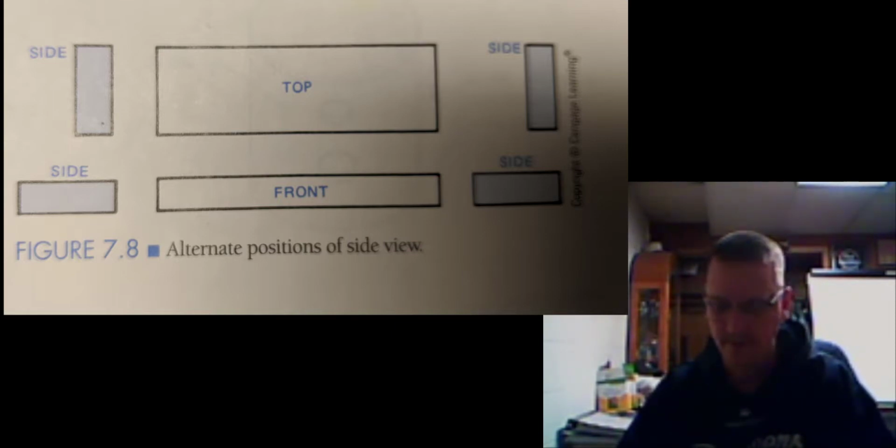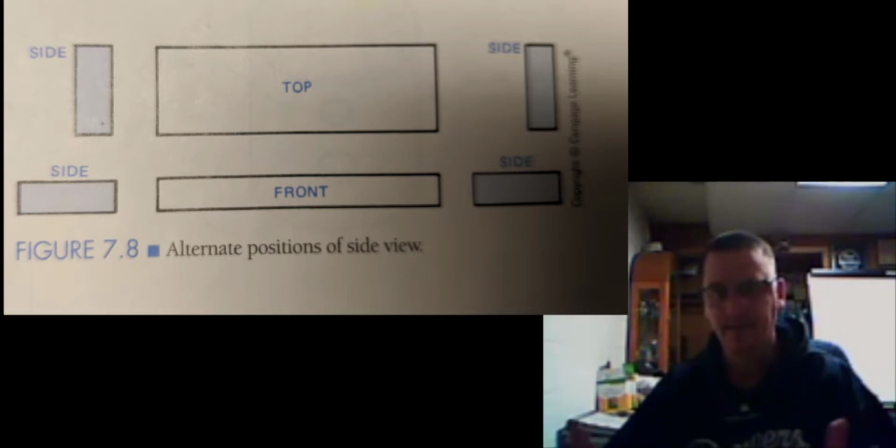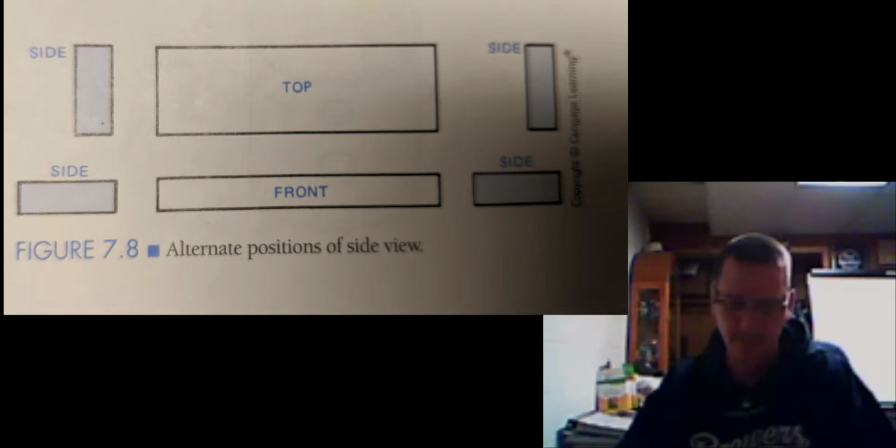There you have your front view, and then you have your right side and your left side. But you could also have a top view, and say if you don't have space on your blueprint, then those side views could be moved up to the top view.